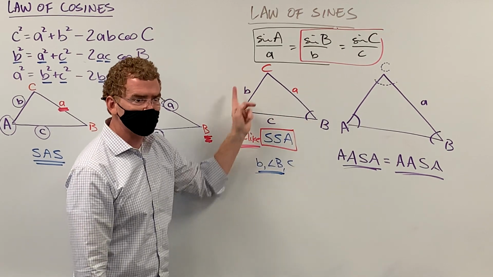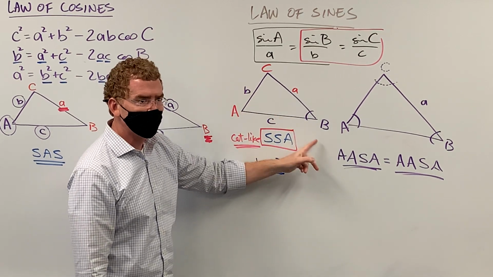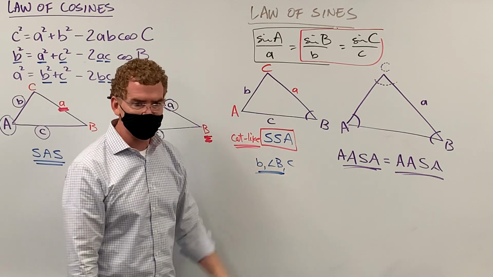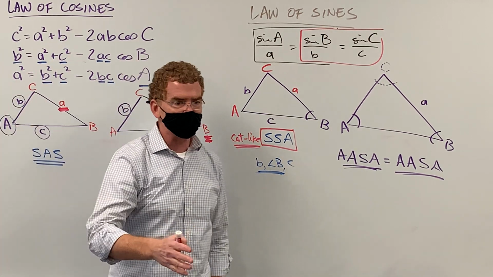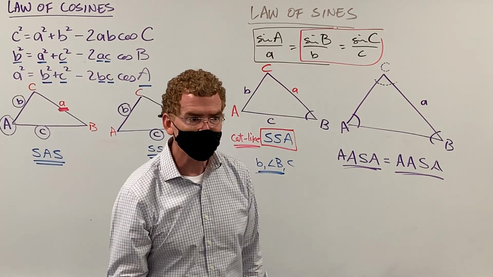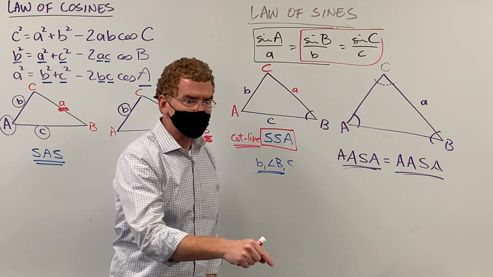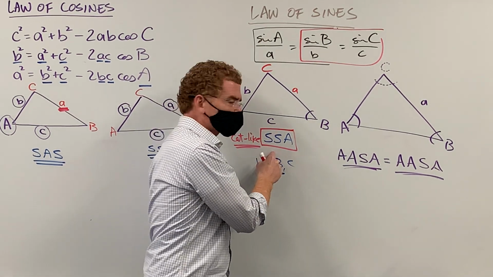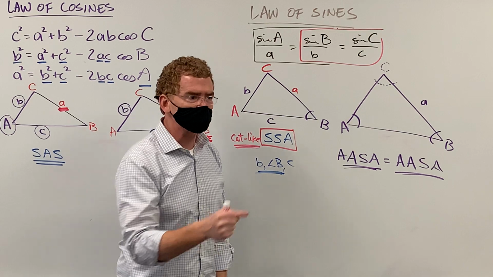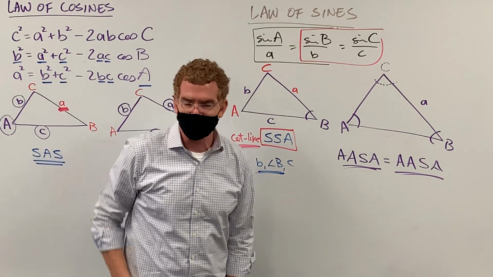And if there's a matching letter, that's an SSA situation. And you need to immediately get on your guard and be careful and try never, ever to have a situation like this where you're using law of sines to find the biggest angle.